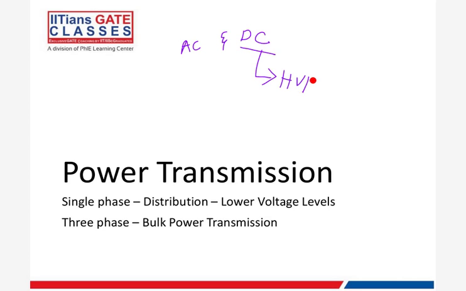HVDC makes sense only at high voltage levels. With respect to AC transmission, we have two: one is single phase, and the other is three phase. Single phase connection is used predominantly in distribution networks, and it is usually done at lower voltage levels.